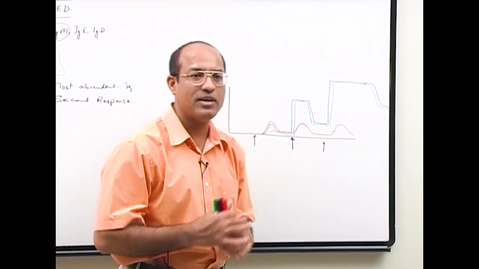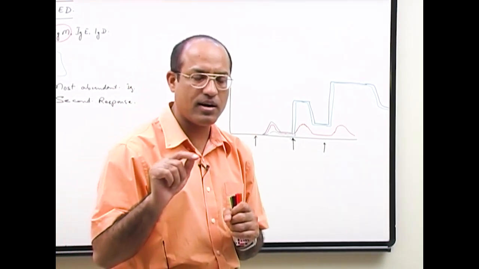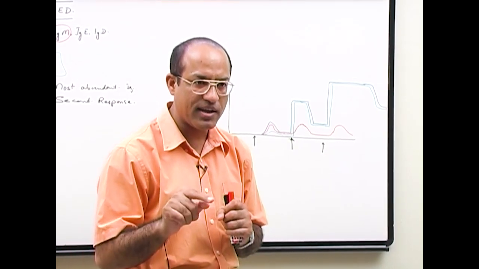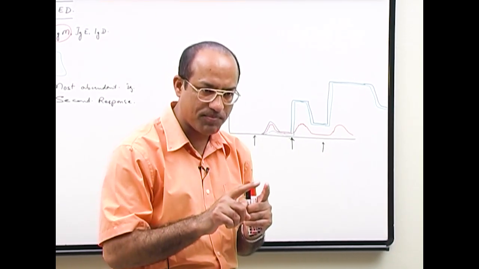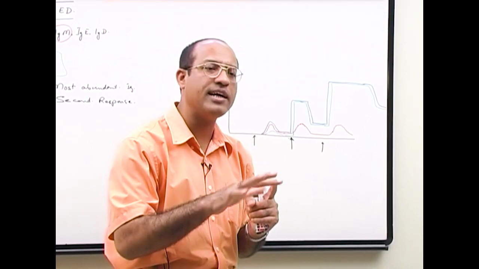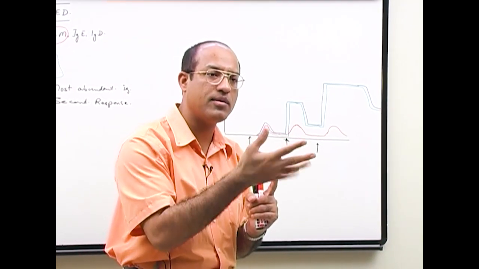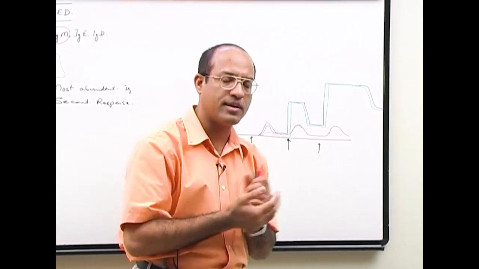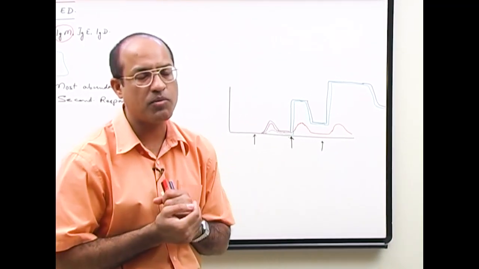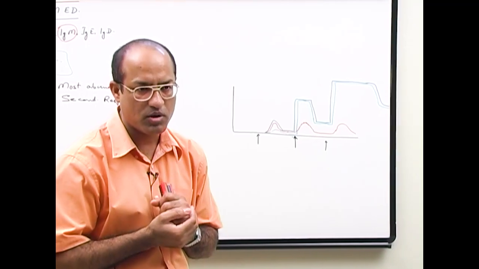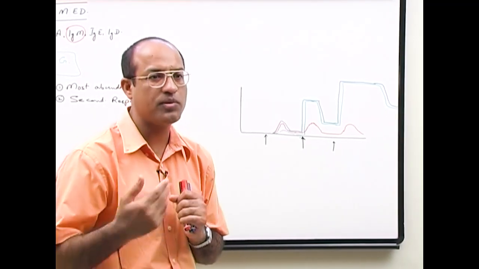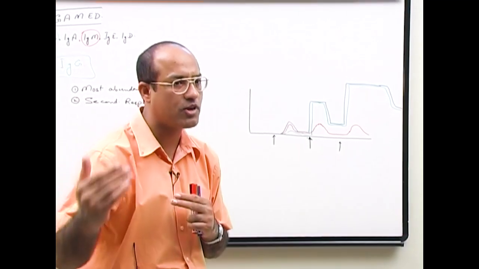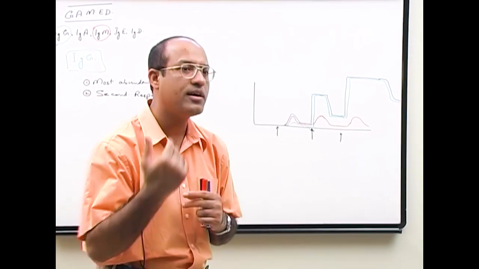That is why if you get an antigen today, you will make IgM, but its half-life is less, so its levels will rapidly go down in your blood. But in repeated exposure, when you make IgG, because its half-life is longer, it will stay in your body for a longer time.